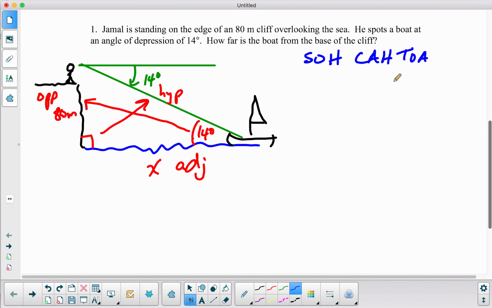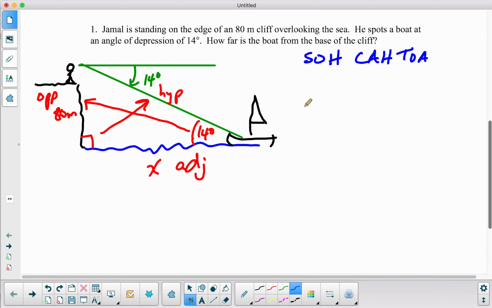From SOHCAHTOA, now we have to pick the correct ratio to use: sine, cos, or tan. We know the measure of the opposite side, and we want to find the measure of the adjacent side. So we want to use opposite and adjacent. And the only ratio that uses opposite and adjacent is tangent.